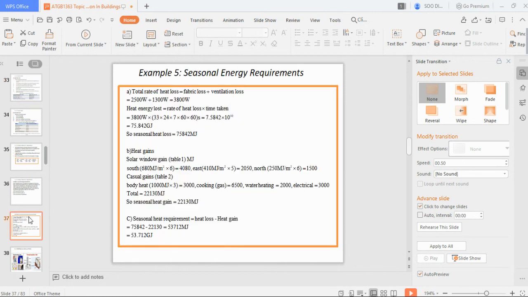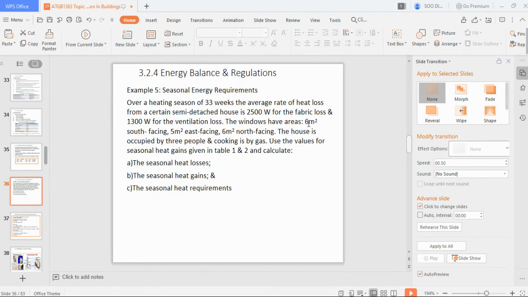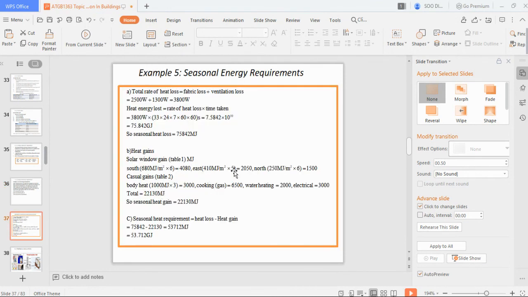Using this value and the area, which for the south facing is 6 meters square, you just multiply them together. So you get this value for south, this value for east, and another value for north.